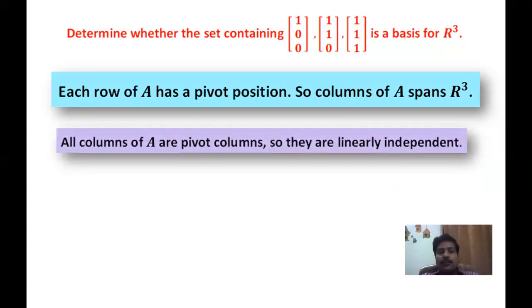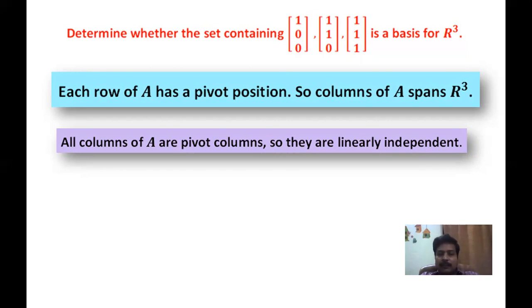All columns of A are pivot columns. So they are linearly independent. Whenever all the columns of a matrix A are pivot columns, we can say that all the column vectors are linearly independent.